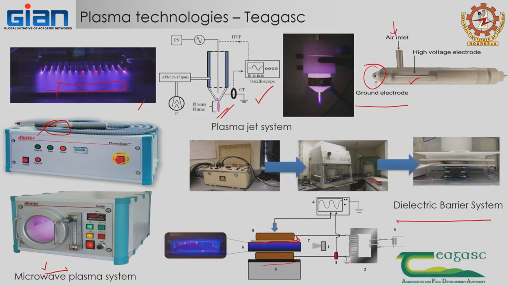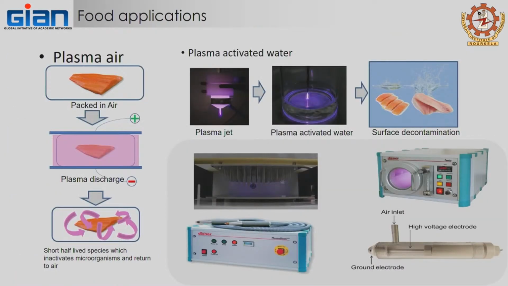So you can have any product packed inside, so you don't have to wash it and do multiple operations. This is just a configuration of equipment, and this equipment can be configured the way you want to use the plasma. And you will see some more systems which have been developed. Application: a whole fish packed in a packet, and then the short half-life species inactivate microorganisms, and then they go back to the stable state of air.